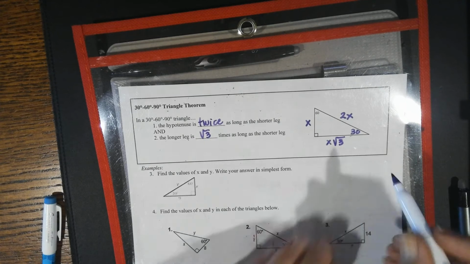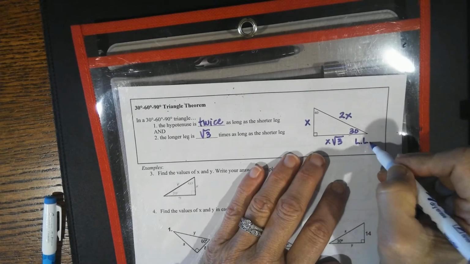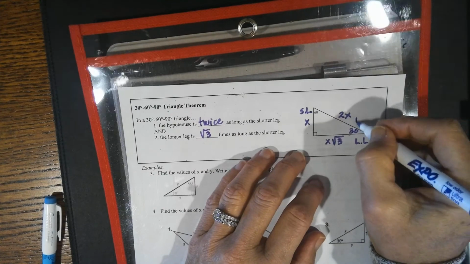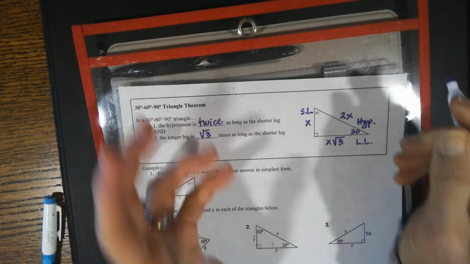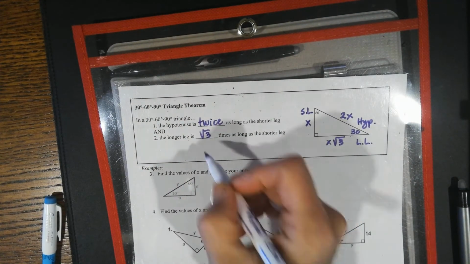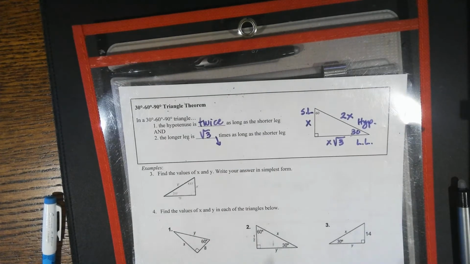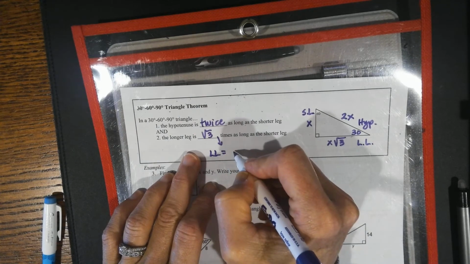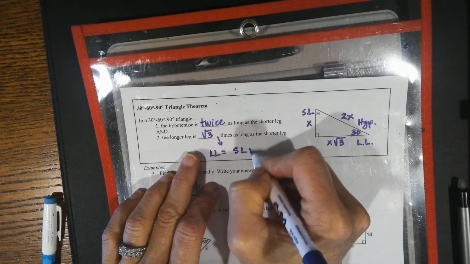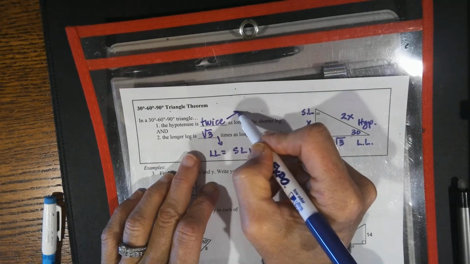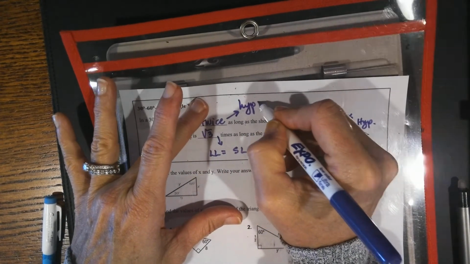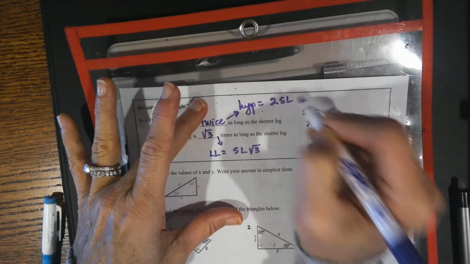If you want to, you can call this the longer leg, and this the shorter leg, and this the hypotenuse. So that if you wanted to, some of you like little formulas, the longer leg equals the shorter leg times the root of 3, and the hypotenuse is equal to twice the shorter leg.